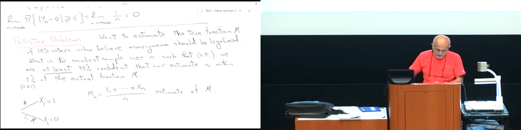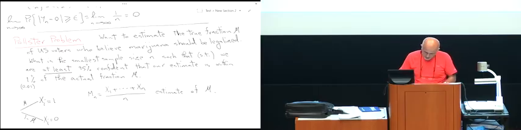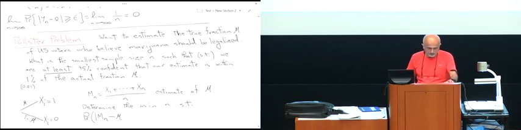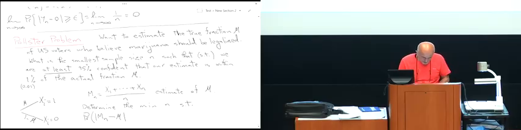Okay. Now, we're trying to figure out the minimum n, determine the minimum n such that the probability that the estimate is away from the mean by more than what?